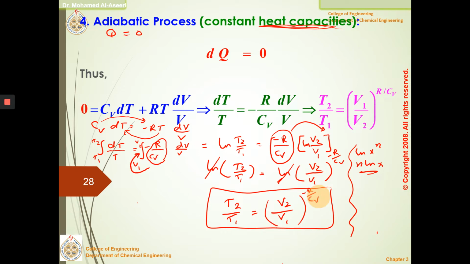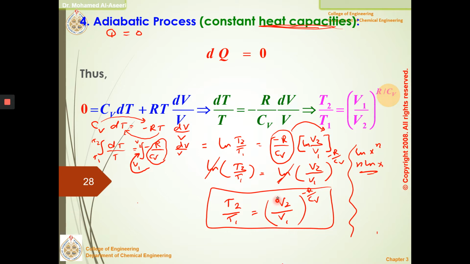Now, if you compare this equation, the one I just derived for you, with the equation written here in pink, it is the same, except that instead of having minus R over Cv as a power, I have R over Cv as a power. Here it was minus, while in the pink equation it was positive. Why is this?